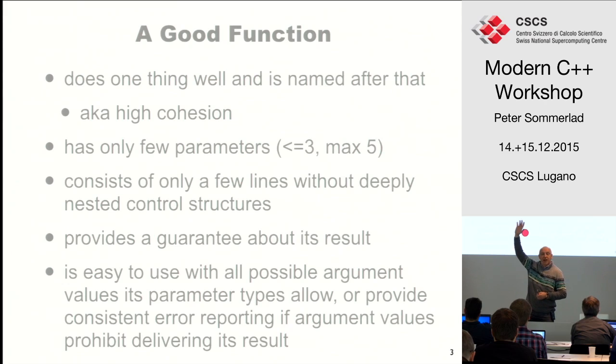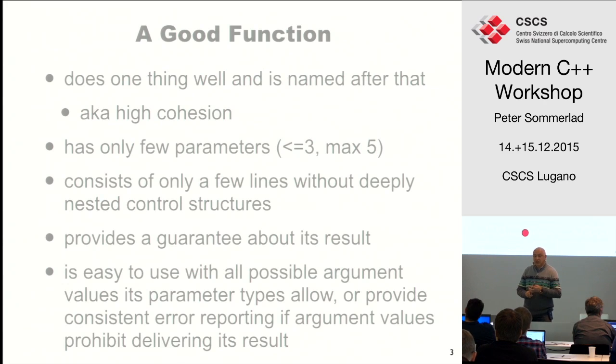Anybody heard of high cohesion? No, that's a computer science term. It also comes under the single responsibility principle, that an abstraction should just have one responsibility or one reason to change, sometimes named that way.